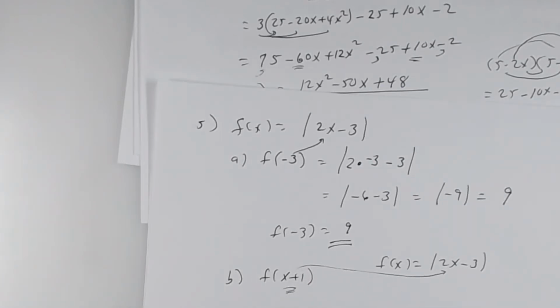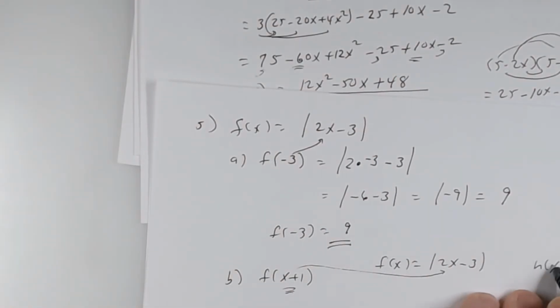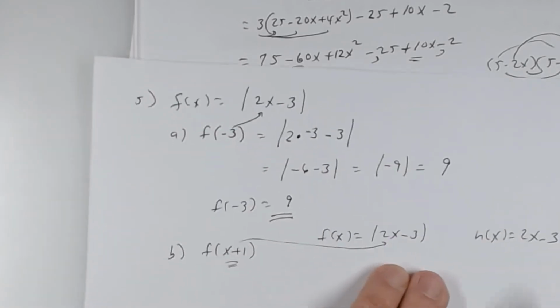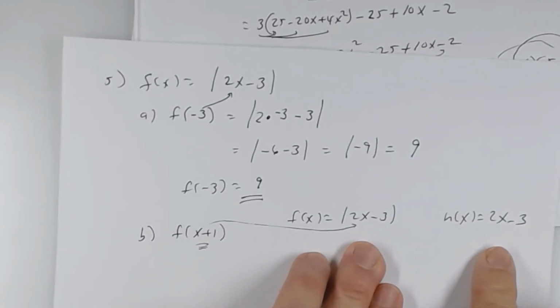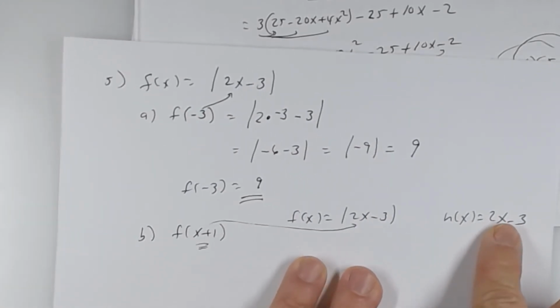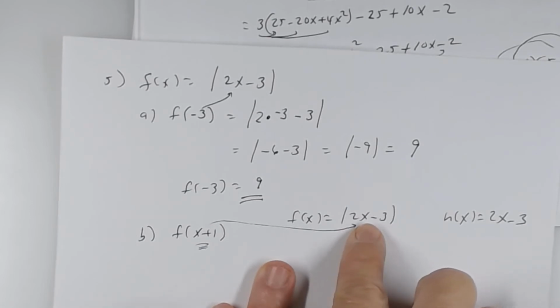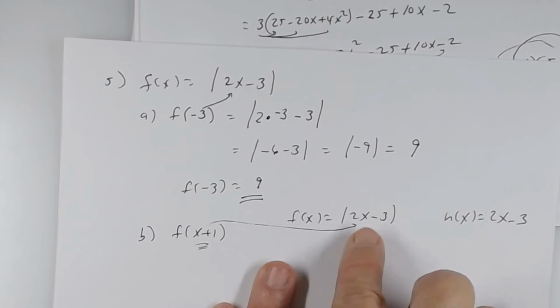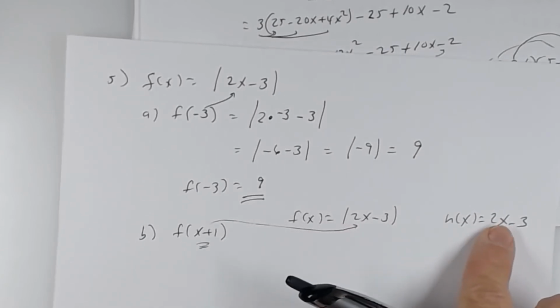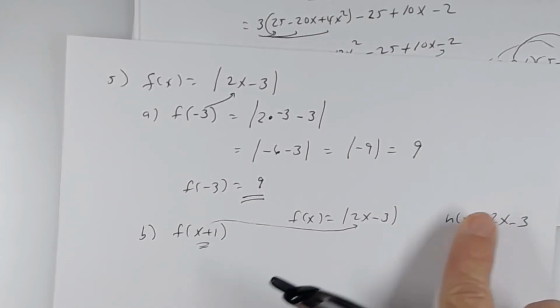All right, now remember that's absolute value bars. Don't confuse that with something like this. Those are not the same function. This is a linear function. This is an absolute value function. All right, so the way we write it, don't confuse it with something that's linear. Those are different.